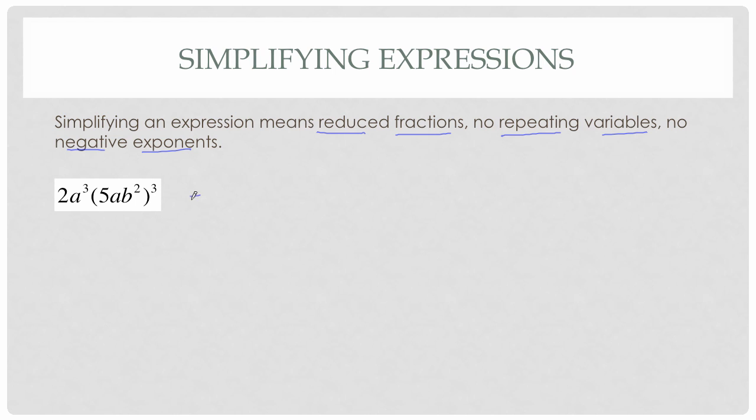Here we go. So it's helpful sometimes to write things out in expanded form. And so I'm going to deal with this 2 times a to the third times, but I got this whole mess of stuff right here, 5ab squared to the third power. The first thing I'm going to do is deal with this third power right here, because it's affecting all of this stuff in parentheses.